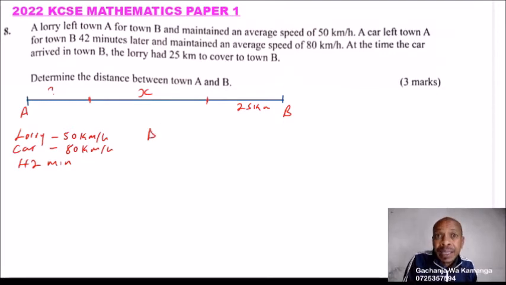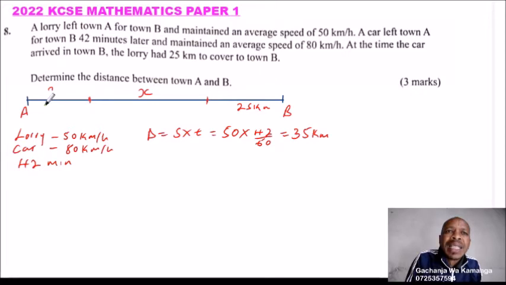Distance is equal to speed multiplied by time. The speed here is 50. You multiply by time, that is 42 minutes, and divide by 60 so that you convert to hours. When you work that out, you get 35 kilometers. So by the time the car started the journey, the lorry had covered 35 kilometers.